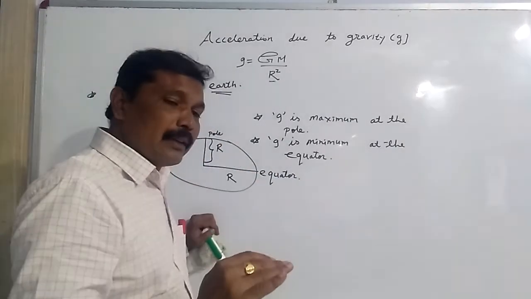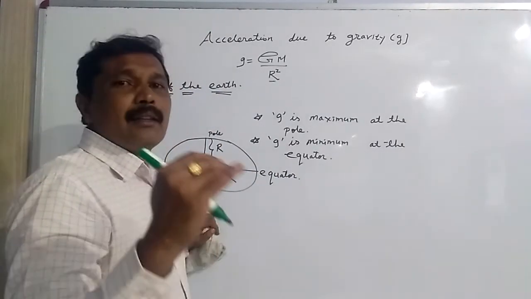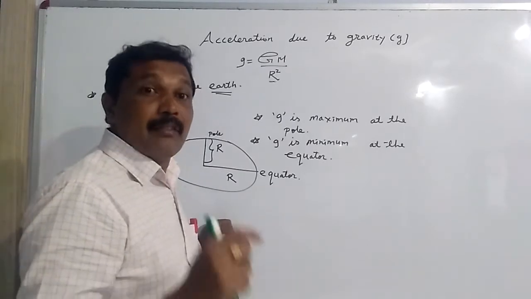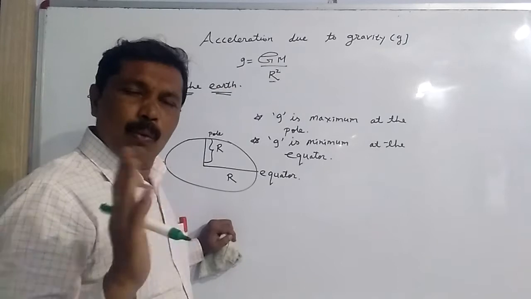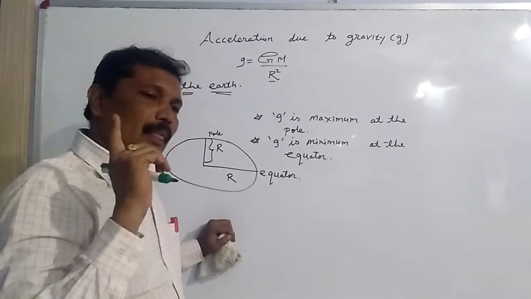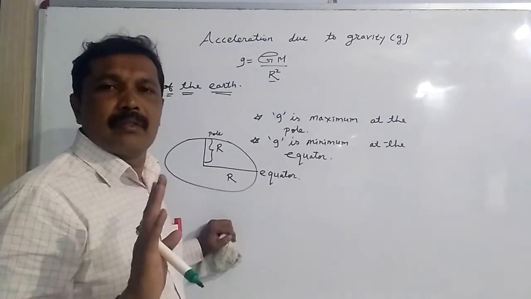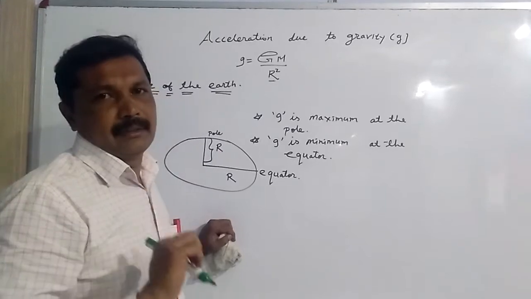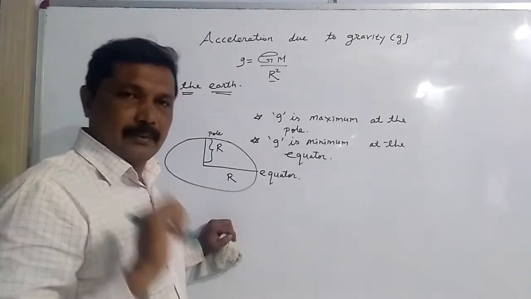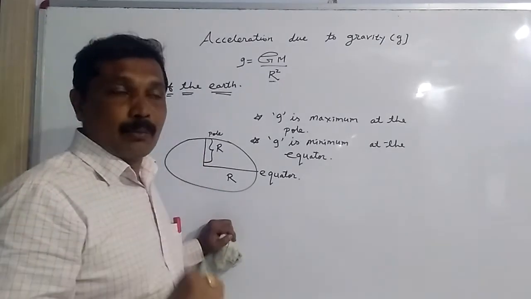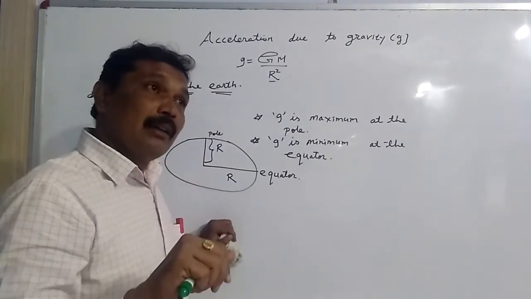When we take the object under the earth crust, we increase the depth from the surface of the earth. What will happen? The value of R will go on decreasing. Therefore, we use R minus d. So, according to the formula, what should have happened?